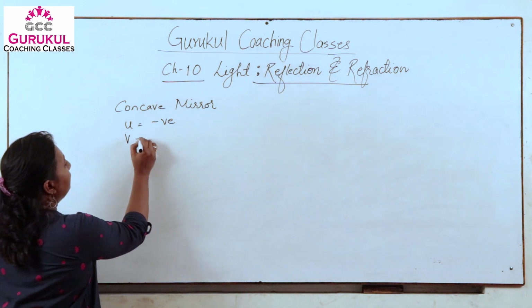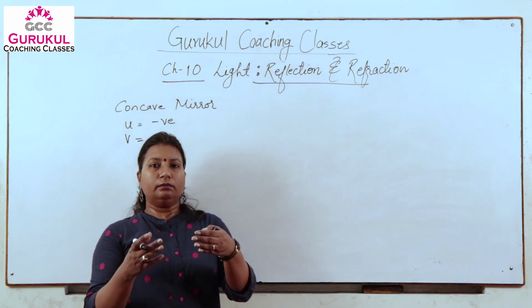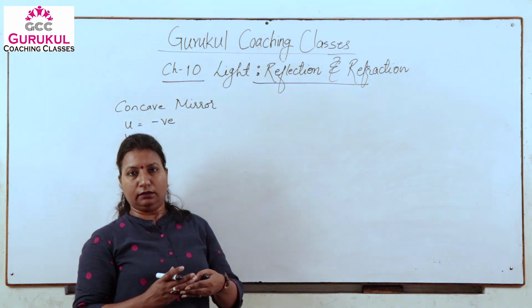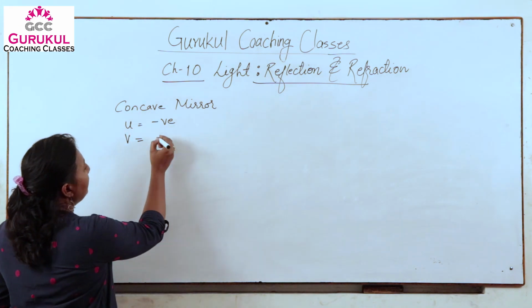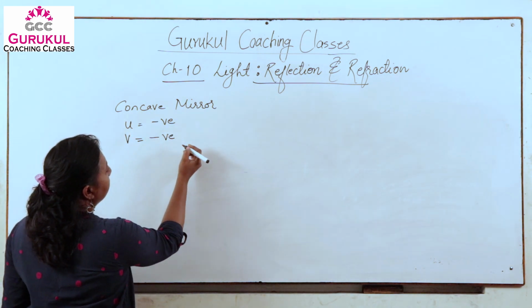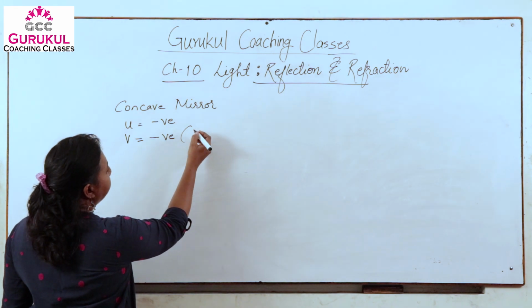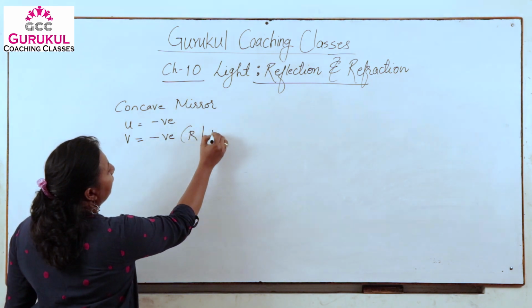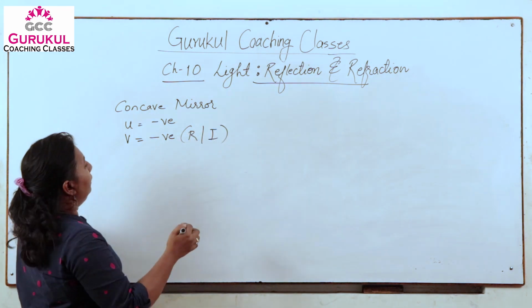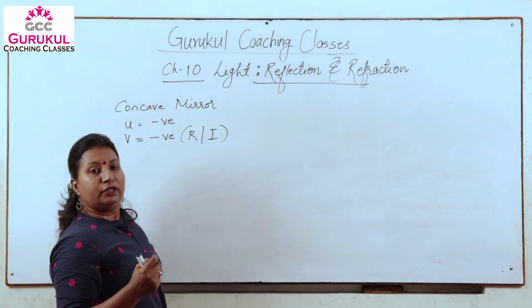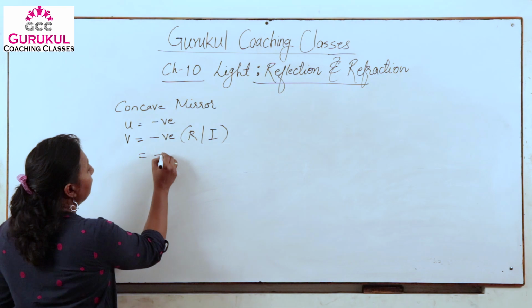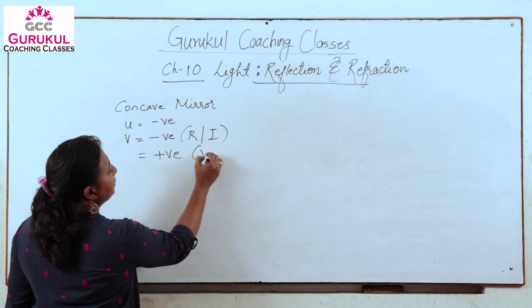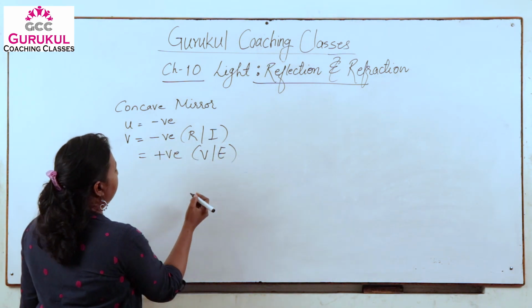So V is generally forming in front of the mirror, meaning the image is forming on the screen. So V is always negative in case of a real and inverted image. V will be positive if the image is virtual and erect.